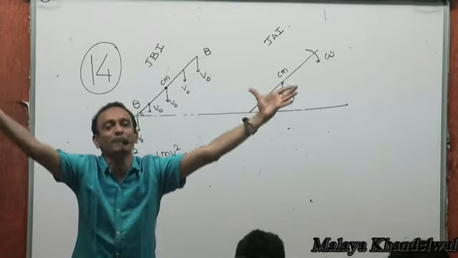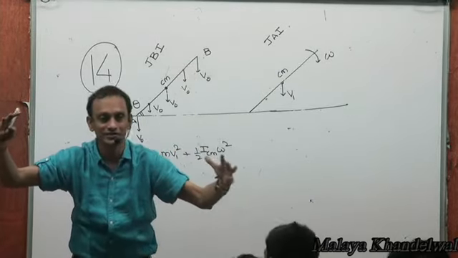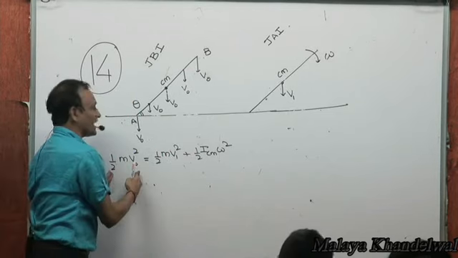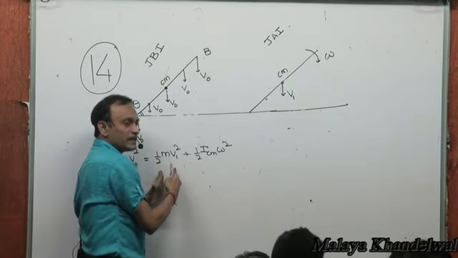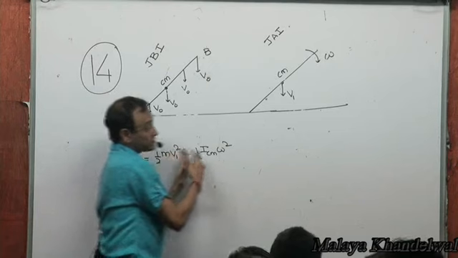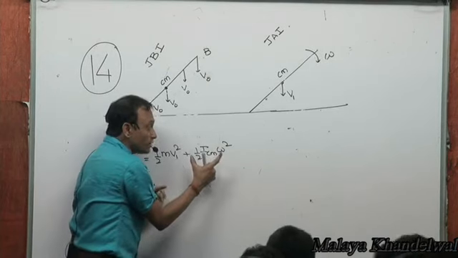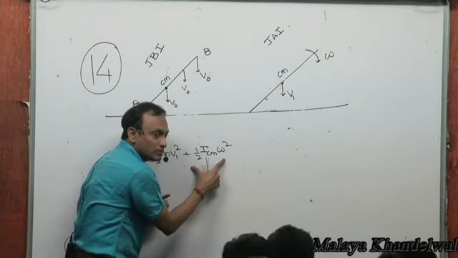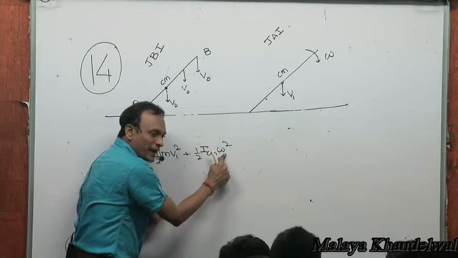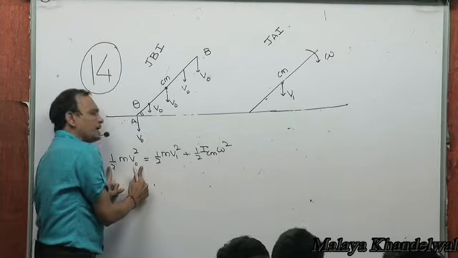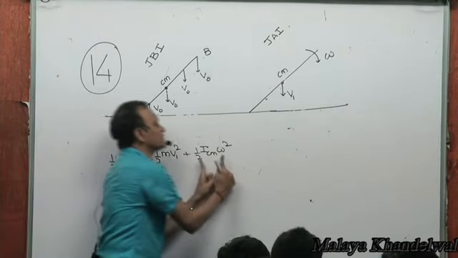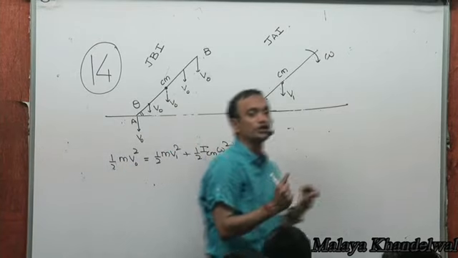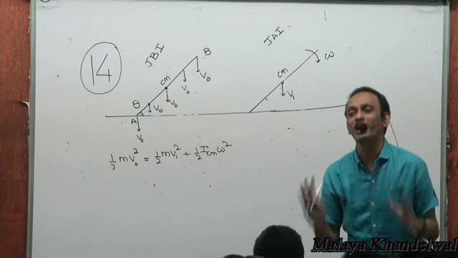Otherwise, kinetic energy is partially going into translation plus rotation. So when the entire kinetic energy gets converted into kinetic energy of rotation, omega attains its largest value.